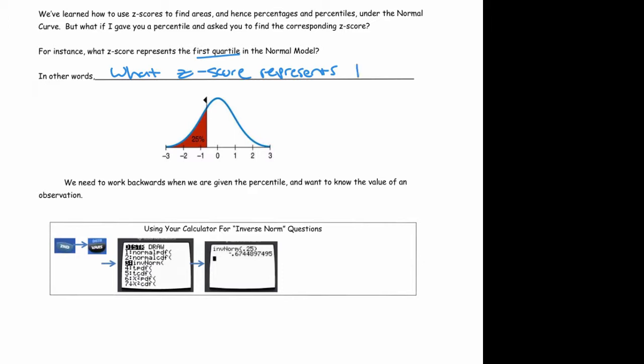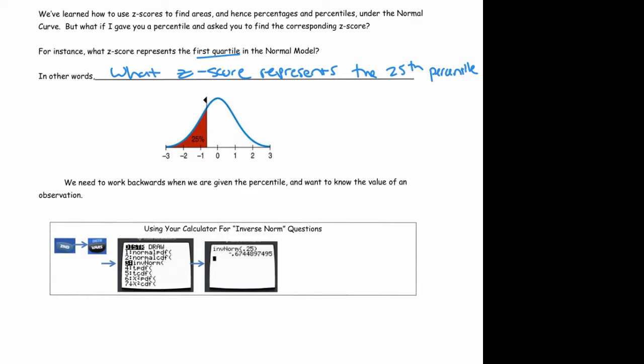Or you could say what z-score cuts off the bottom 25% of the distribution. I guess you could also say what z-score cuts off the top 75% of the distribution.